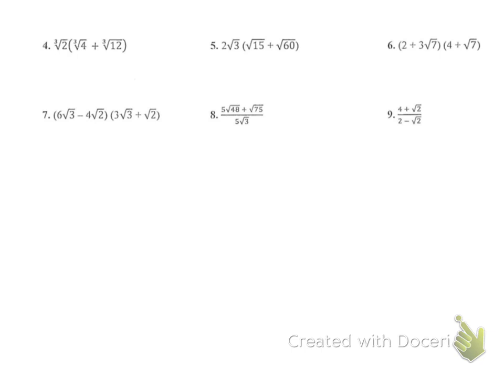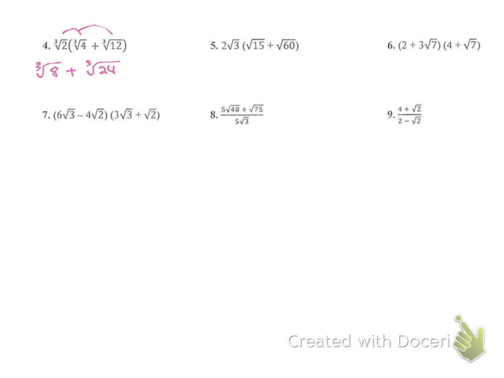So, number 4, we would just distribute. Okay, so we would have cube root of 8 plus cube root of 24. From there, we would simplify. What's the cube root of 8? 2.